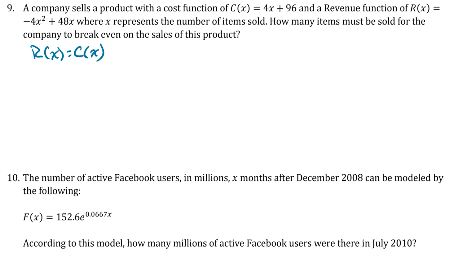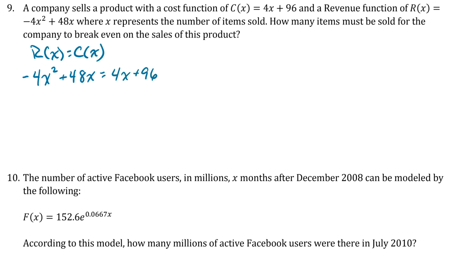So in our case, R of x equals negative 4x squared plus 48x. C of x equals 4x plus 96. And now we just need to solve this equation.